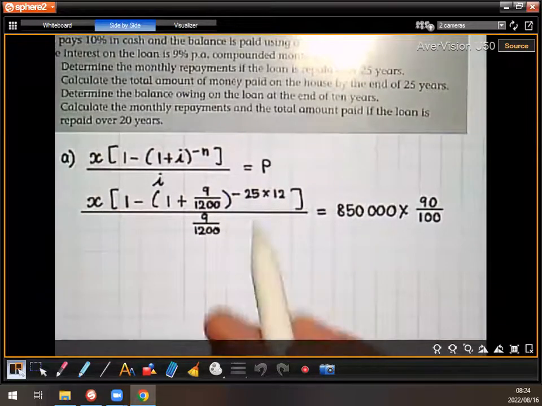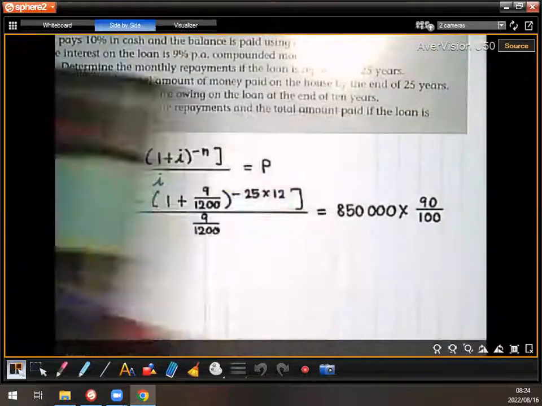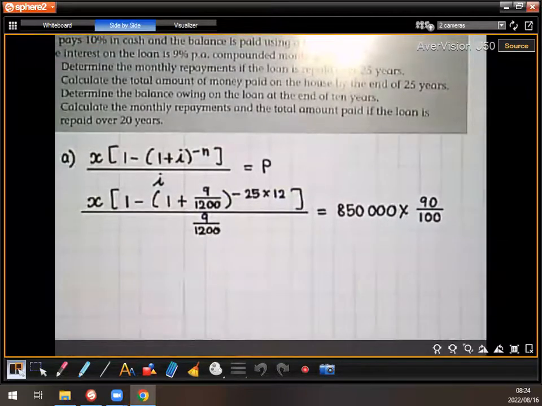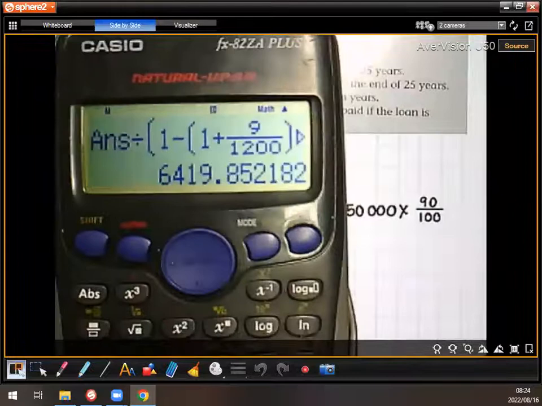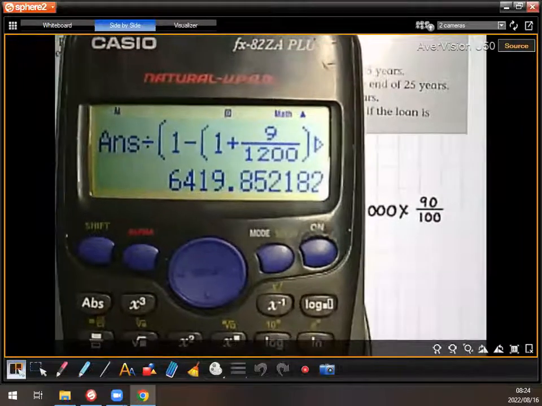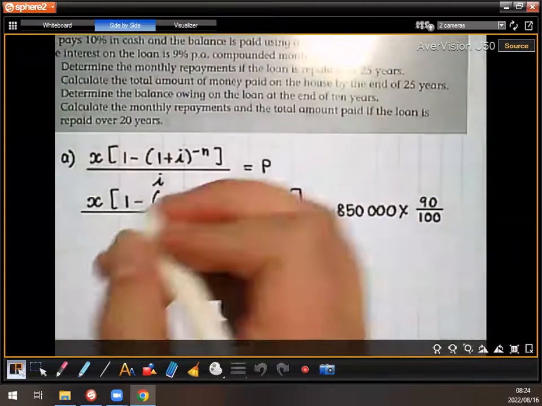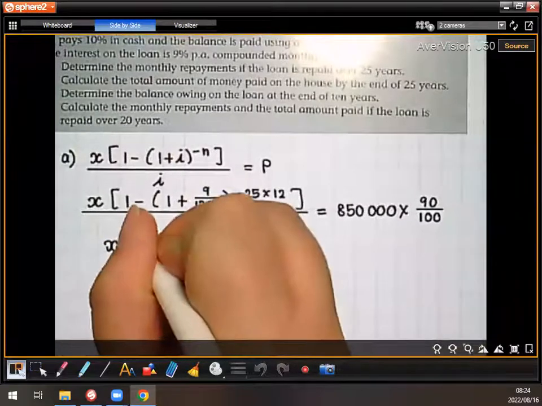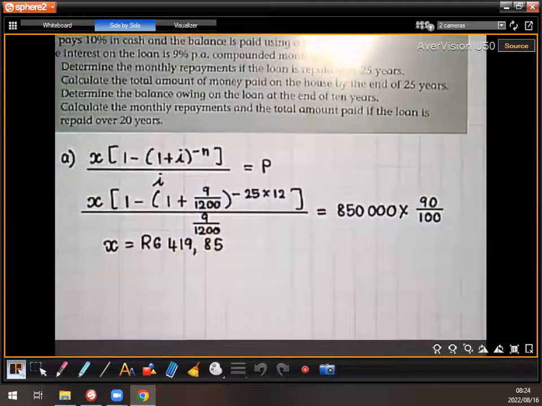Remember, guys, when you are dividing by the bracket, keep it in brackets, otherwise it's not going to come out to the right answer. Yes, that is what I got in the book as well: 6419.85.